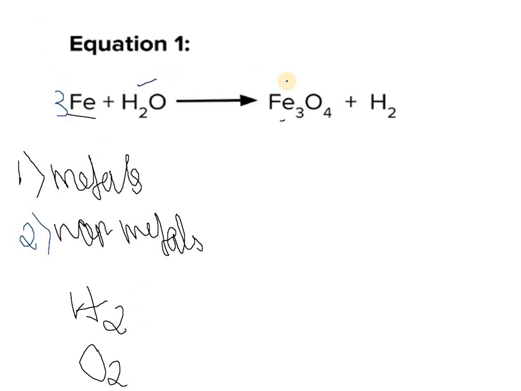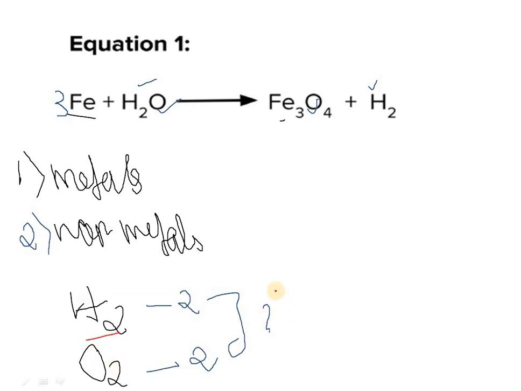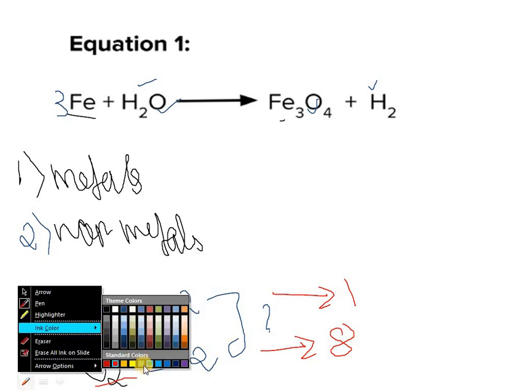Hydrogen is repeated 1, 2 times in that equation, and oxygen is repeated 1, 2 times. Since both of them are repeated the same number of times, we have to choose that element which has the higher atomic number. The atomic number of hydrogen is 1 and the atomic number of oxygen is 8. Since oxygen has a higher atomic number as compared to hydrogen, we have to balance oxygen first.